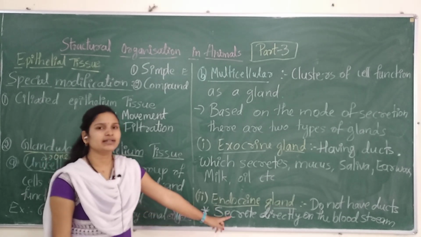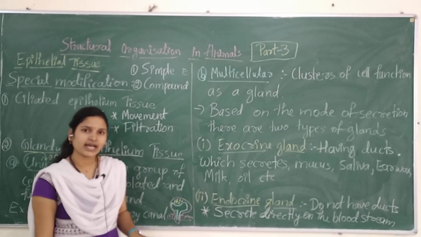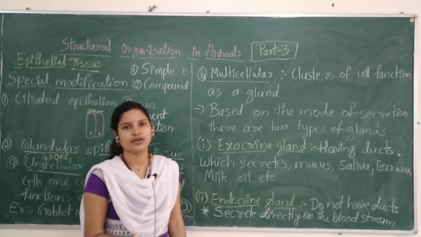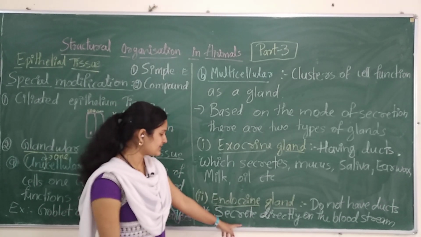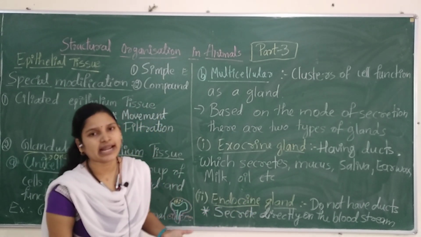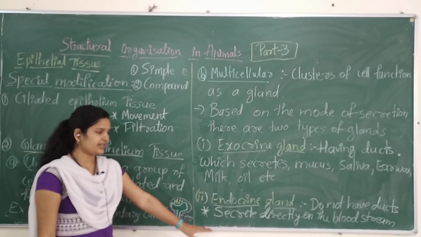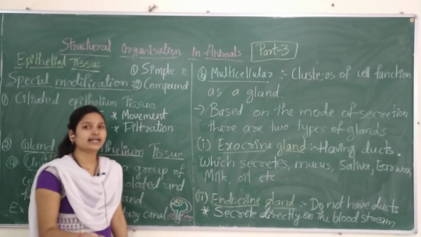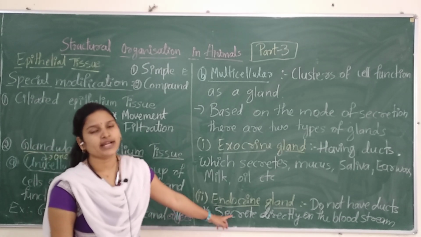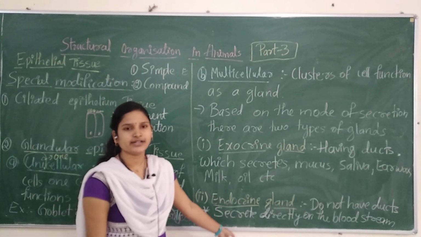Endocrine glands secrete directly into the bloodstream. For example, the hypothalamus and adrenal gland, everything that secretes directly into the bloodstream, we call endocrine glands. Okay, understood this much?